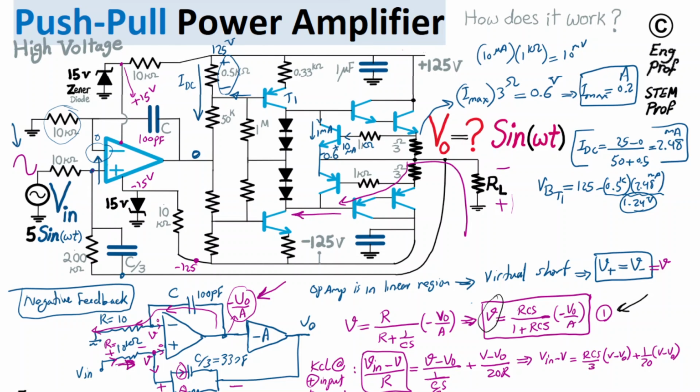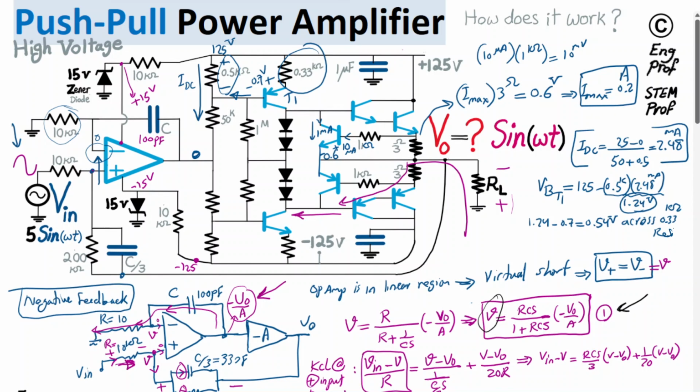We know that we need plus minus 0.7 volt across the emitter-base of the PNP bipolar junction transistor. So that leaves us 1.24 minus 0.7, which leaves us with 0.54 volt across this 0.33k resistor. So that defines the current that is now flowing toward the collector of T1.